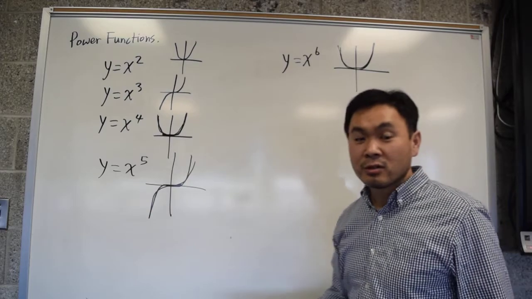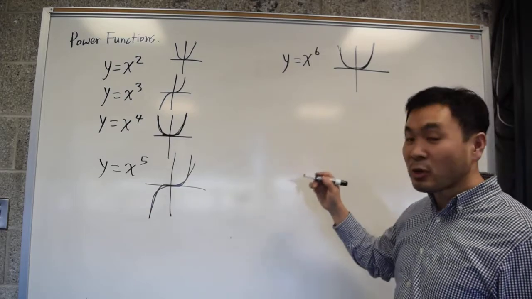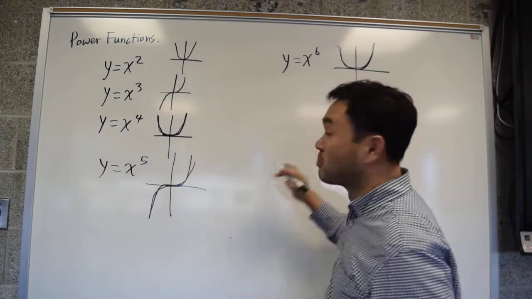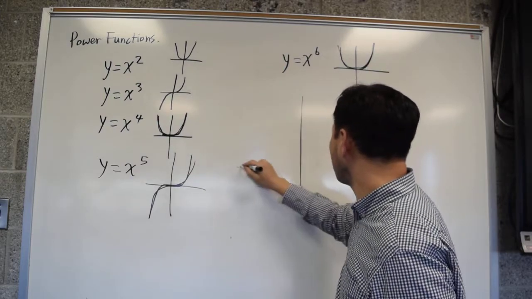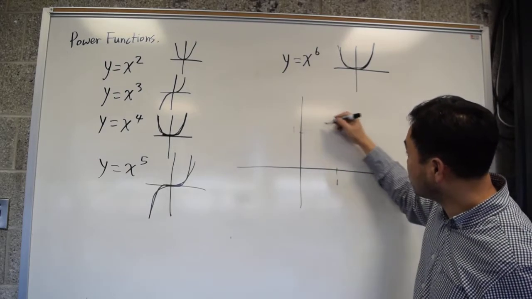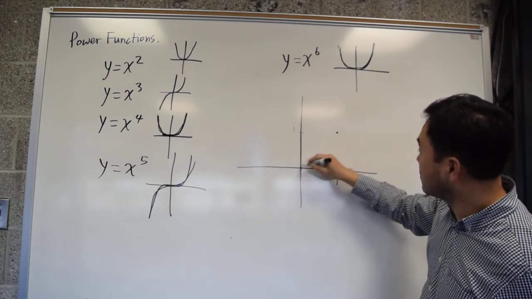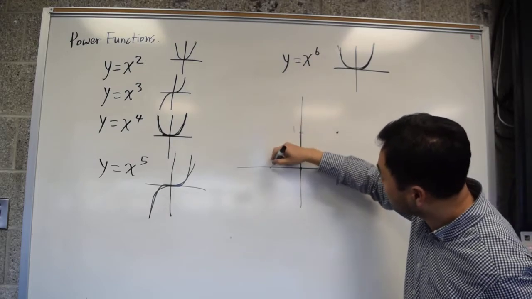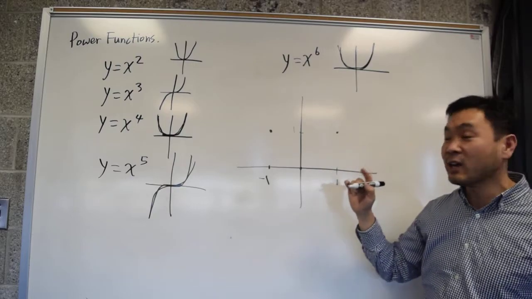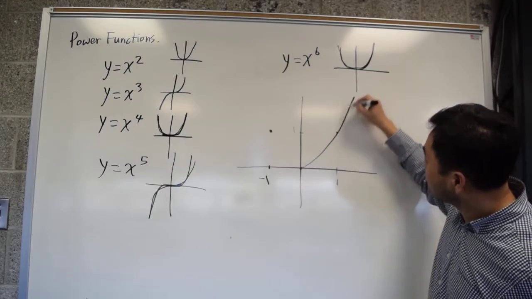Okay, so here's what you get if you put all of them together. So here's 1, 1, and here's -1 and 1. So first, y equals x squared would be like this.